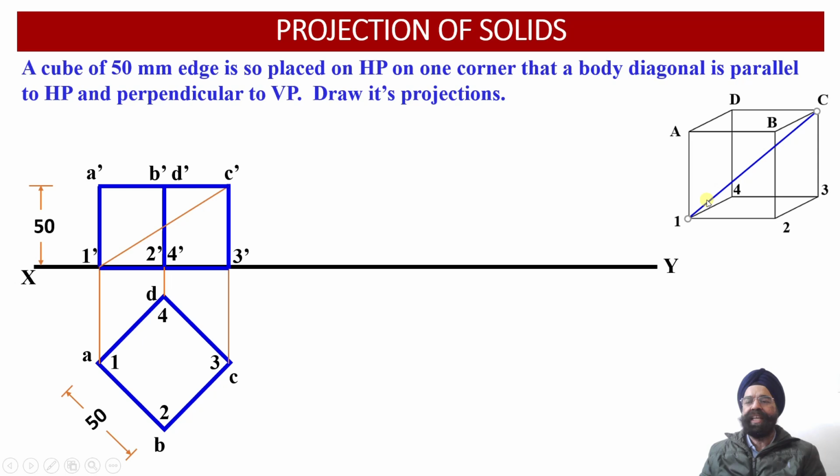We can see over here as well, the 1C construction line, corresponding to the one which joins the body diagonal, will be inclined with respect to the horizontal plane.